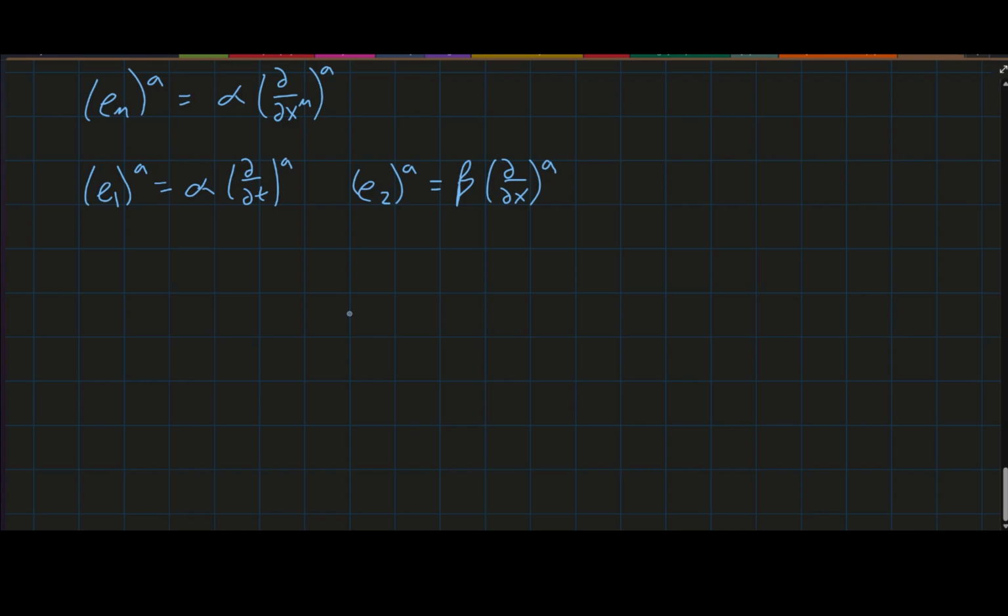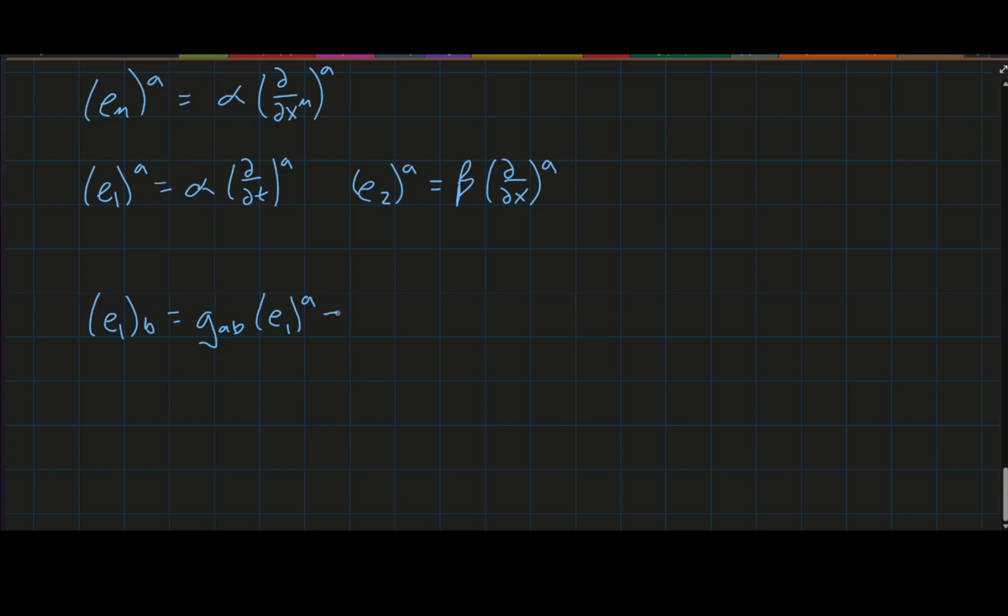Okay, so what would lowering these a's look like if we want to consider E1b, for example? This is going to be G ab times E1a upstairs. Now remember that only when a is 1 is this going to be non-zero, because of this property of what the E1s are.